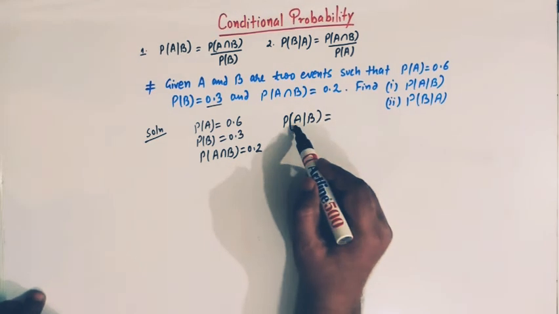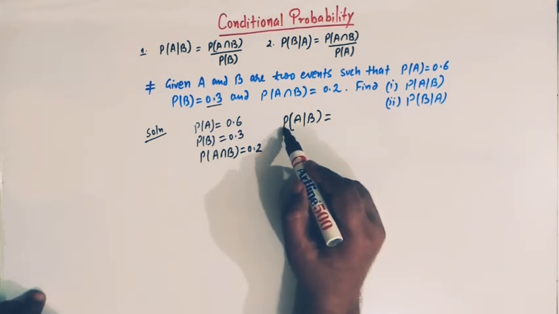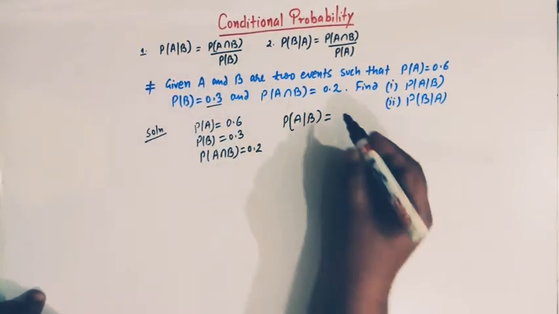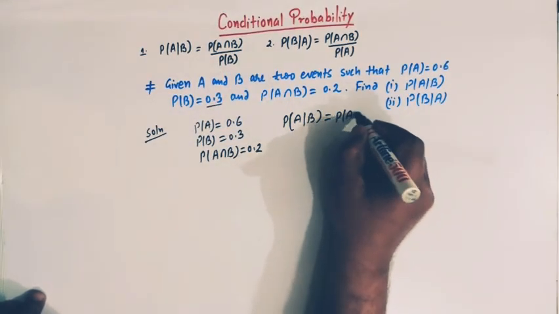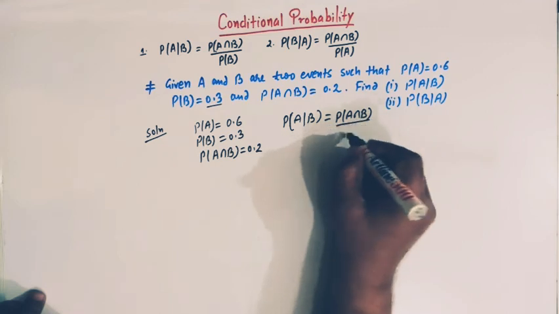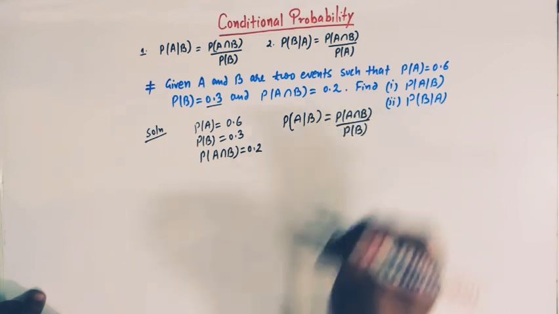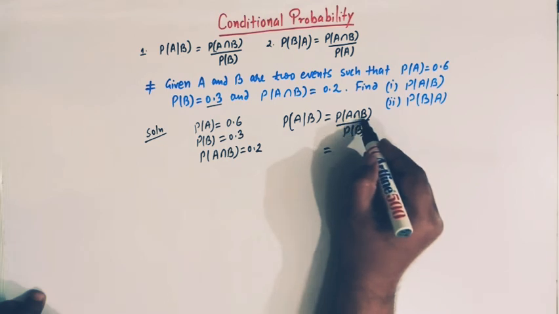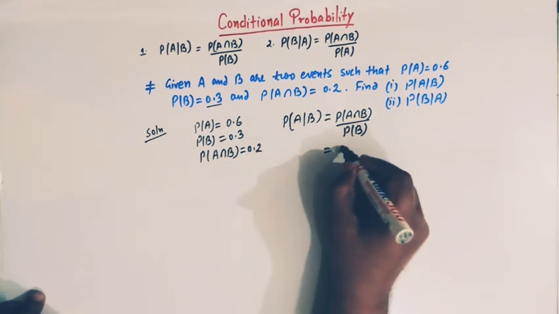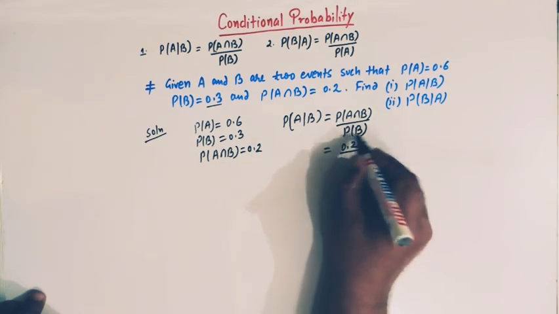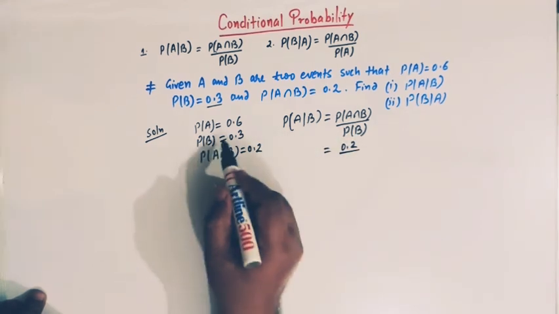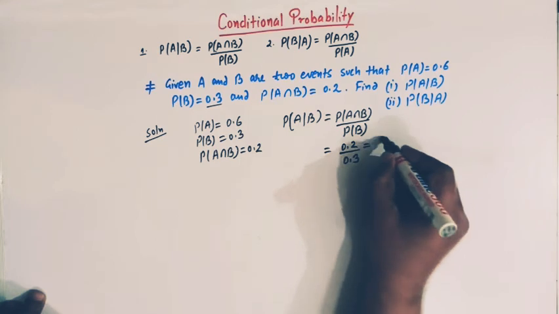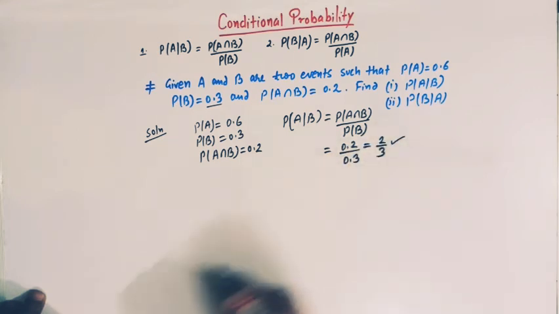So the formula for finding P of A by B is P A intersection B divided by P of B, right? So the probability of A intersection B is 0.2 and the probability of B is 0.3, and this is 2 by 3.